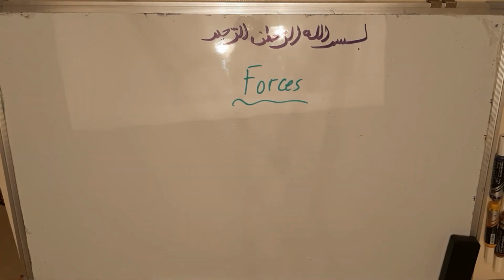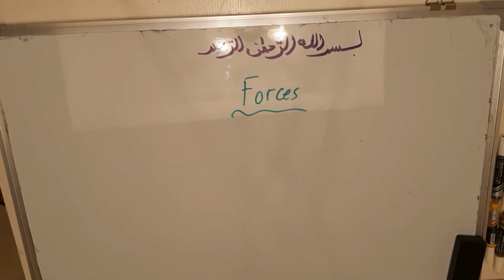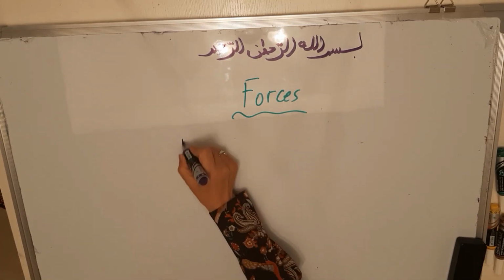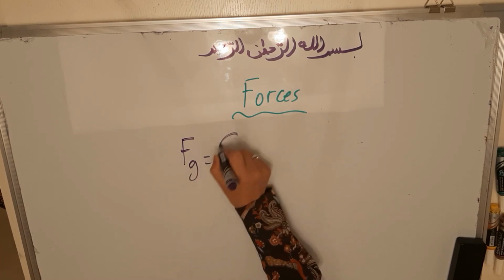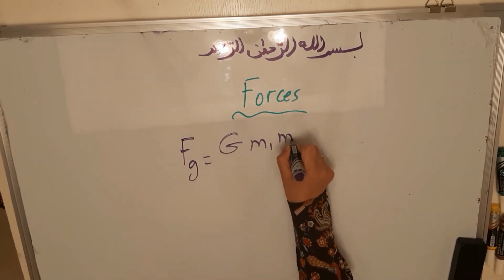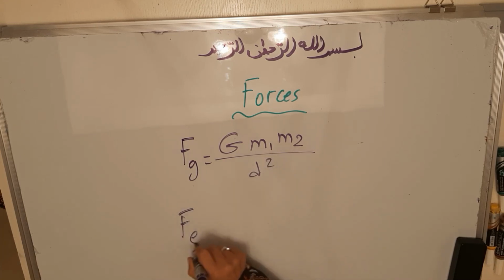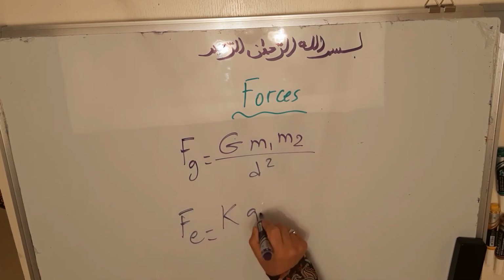But as far as calculations are concerned, I'm just going to see how you calculate gravitational forces and how you calculate electric forces. And I really want you to appreciate that the electric force is mightier than the gravitational force. As a reminder, Fg is G times m1 times m2 over d squared, and F electric is K times Q1 times Q2 over d squared.